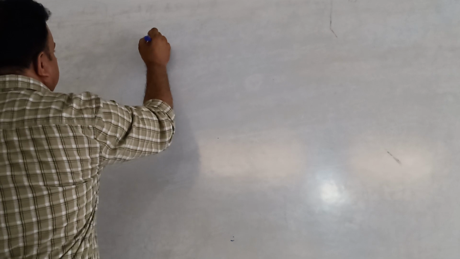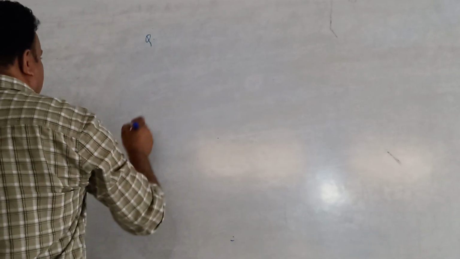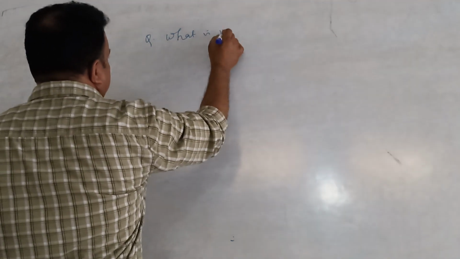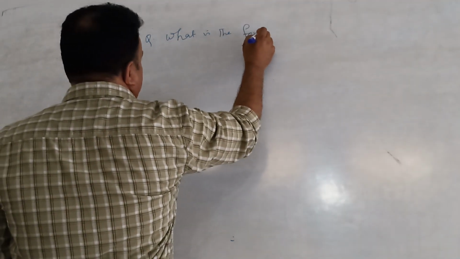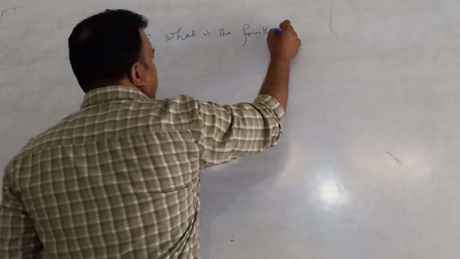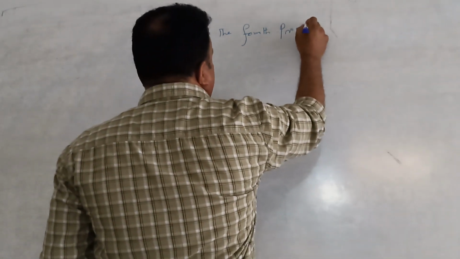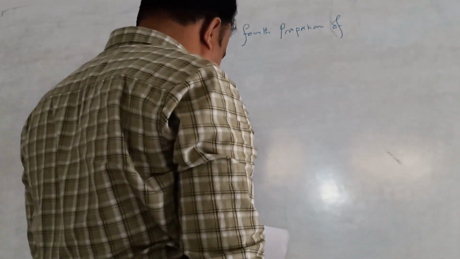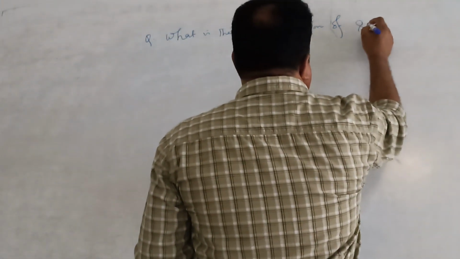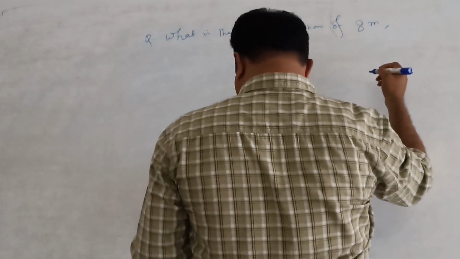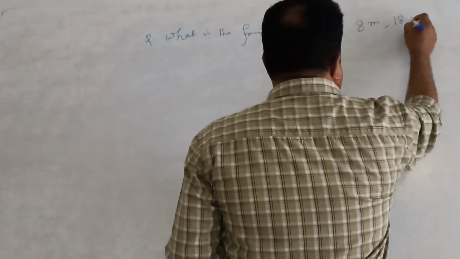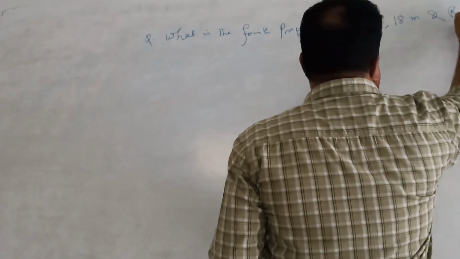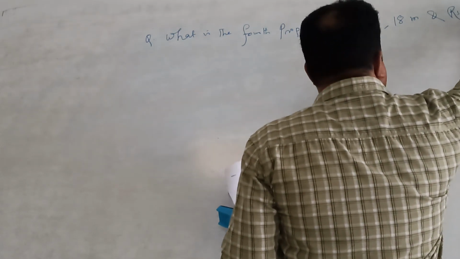Find out the fourth proportion. The next question is: what is the fourth proportion of 8 meter, 18 meter and rupees 15?